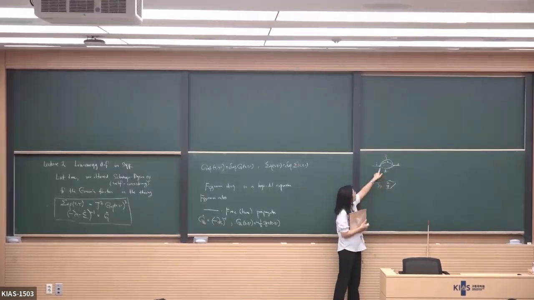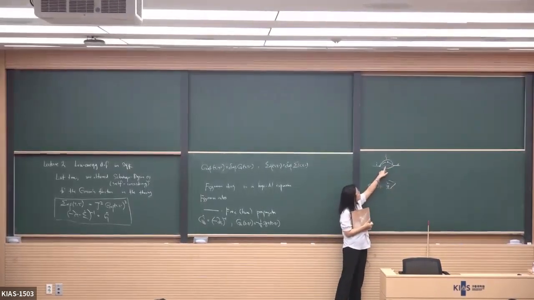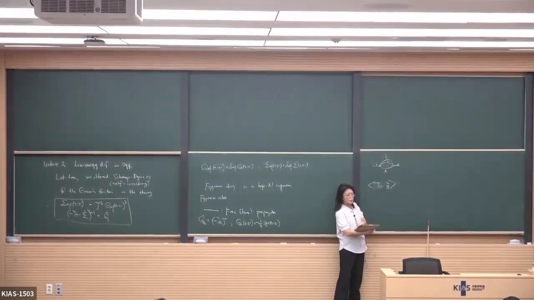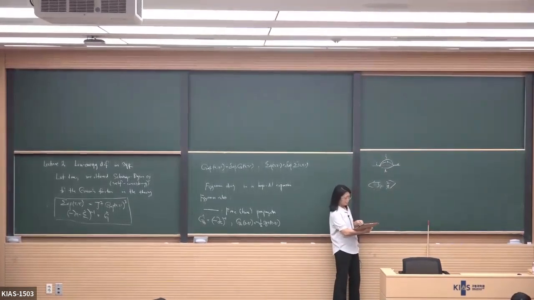And as long as two vertices have the same site indices around them, then they can be joined by the disorder average propagator.